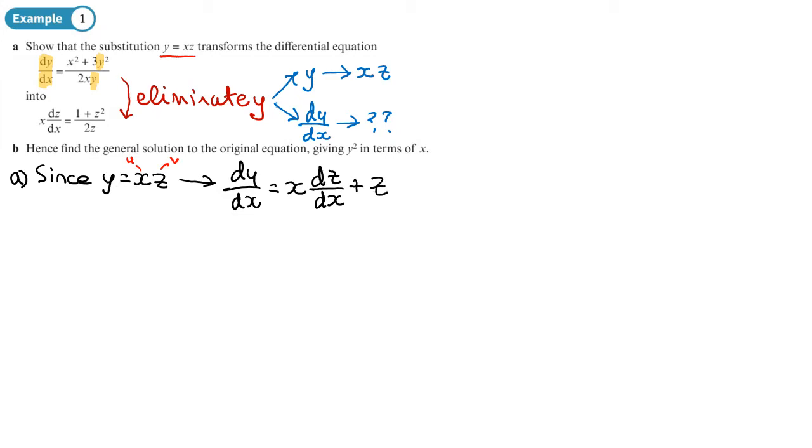Right, so what does that tell me? That tells me that wherever I see dy/dx, I'm going to change it to x dz/dx plus z. So these are going to be my substitutions. So these are the things I'm going to use to transform this differential equation into this one.